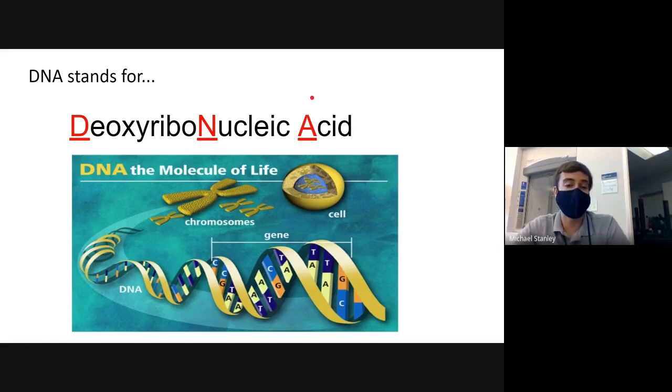So the name comes from the fact that it's a type of molecule called a nucleic acid that has a special sugar in it called deoxyribose, which is where that D part comes from. So the NA stands for nucleic acid and the D stands for deoxyribo.